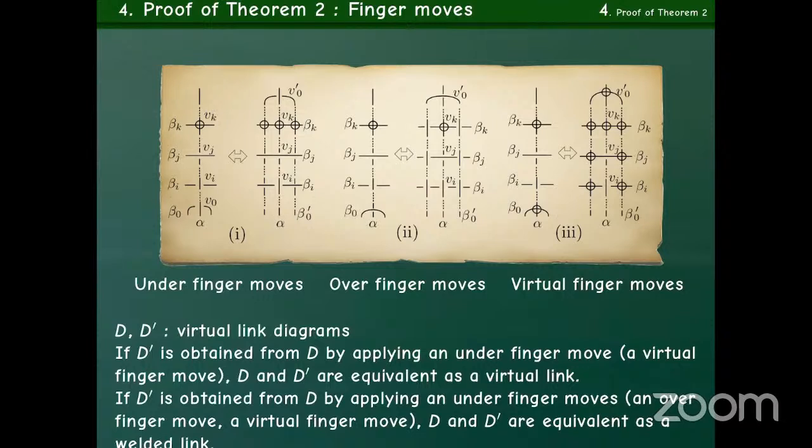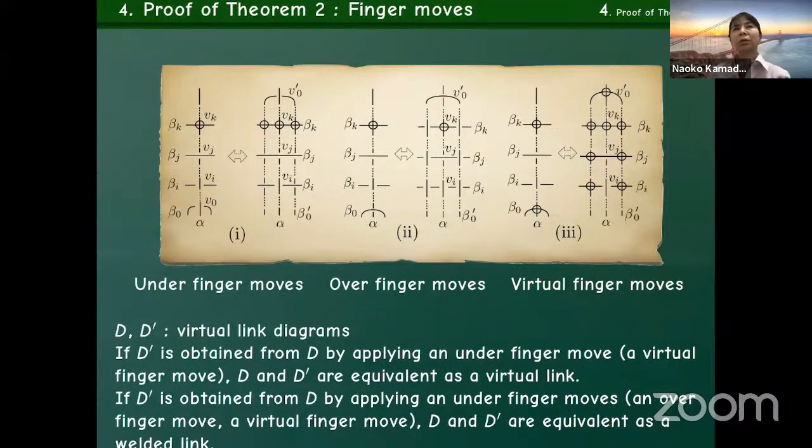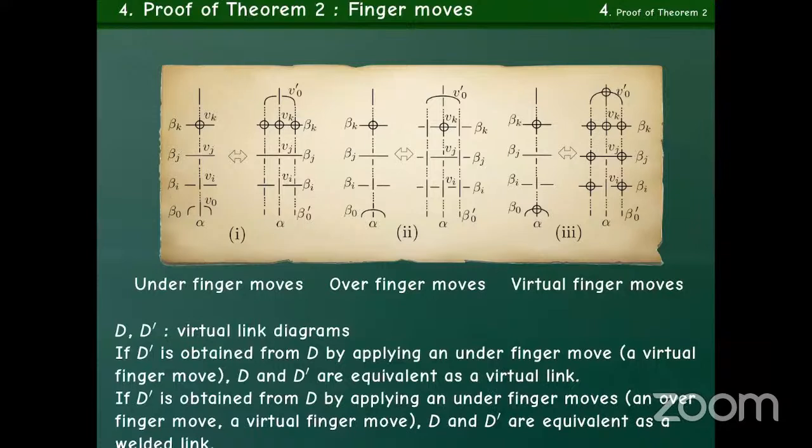The definitions of under finger move and over finger move are not symmetric. So in the under finger move, if we pass through a classical crossing, then that should be under crossings. But when you pass through a virtual crossing, the crossings make virtual crossings. So this is a virtual Reidemeister move. So in the virtual category, the under finger move is allowed.